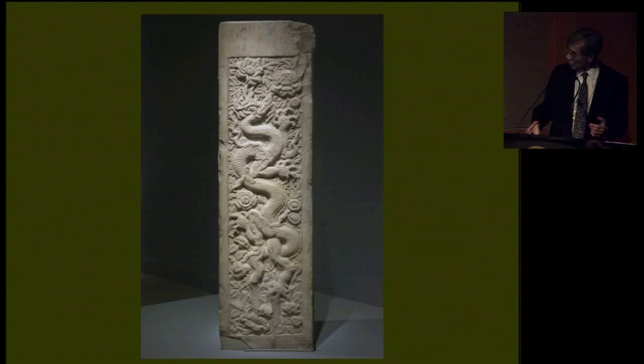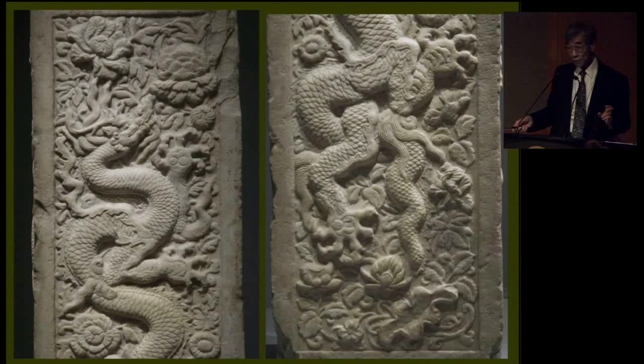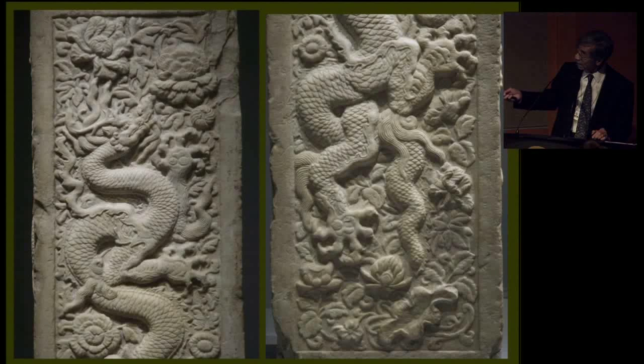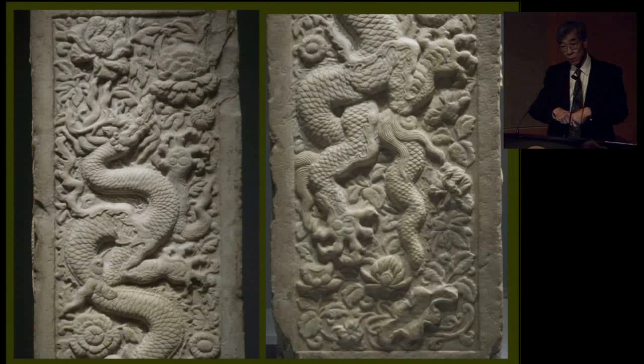But if you look carefully at the characteristics of this particular dragon, you will see the head has a long elephantine snout, and then you can see also the tail is sort of entangled with the hind leg.